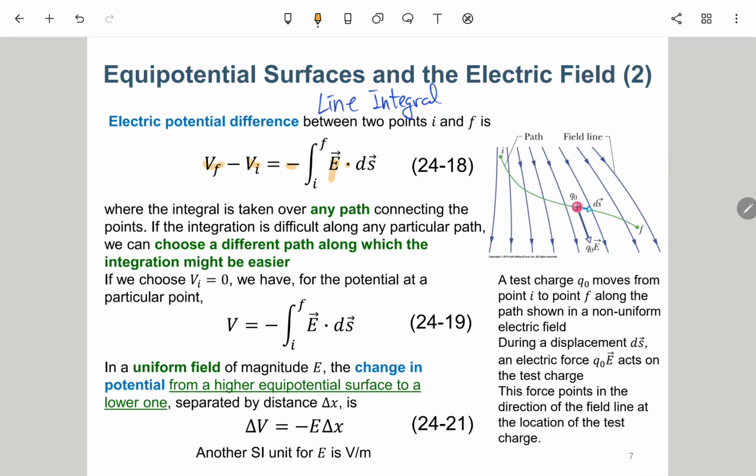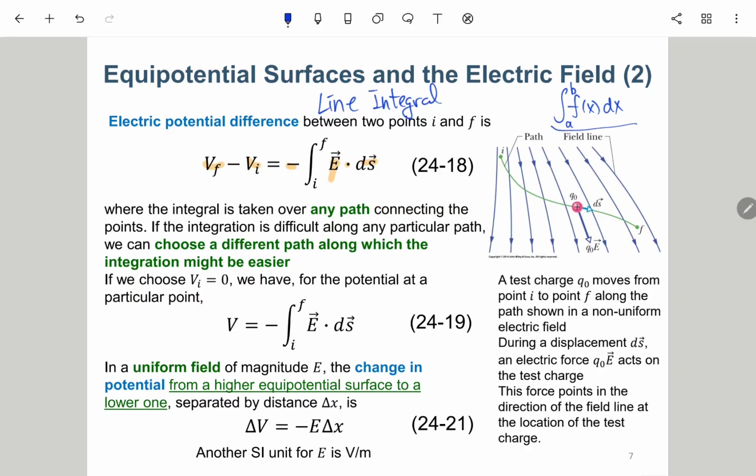E dot ds. Even though you may consider the line integral as being in one dimension, it's actually not really in one dimension. It is not the same as single variable integration, like the integration of f of x dx from a to b.